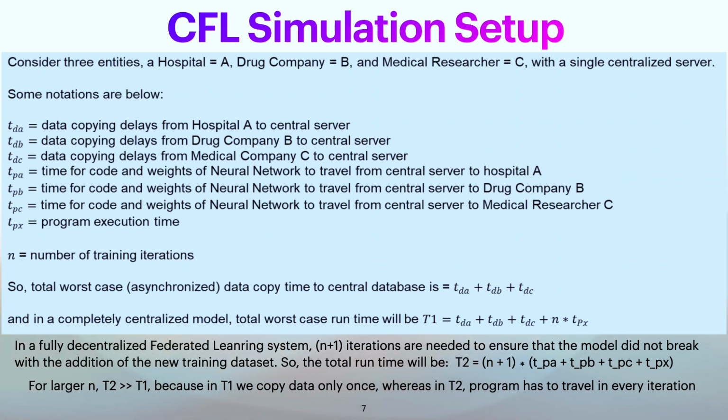This happens because in T1 we copy the data only once, whereas in T2 the program has to travel in every iteration, so as n gets higher, T2 becomes very high compared to T1.